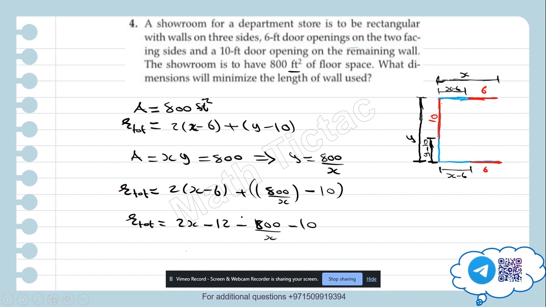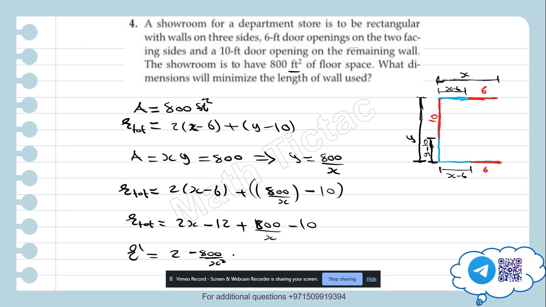Now we can start finding the derivative. So L prime is equal to 2, then 0, then this is plus, not minus, so it is going to be minus 800 divided by x squared, and this is 0.